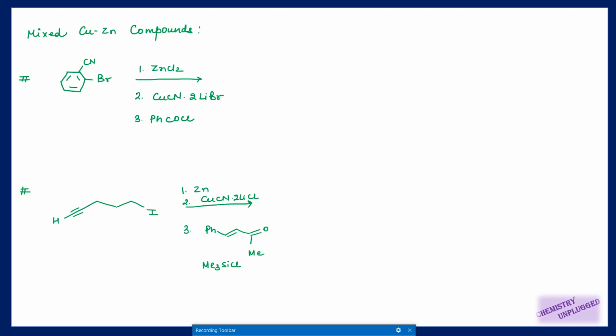So you can see such an example, where first they are using zinc chloride, then CuCN·2LiBr. In this case this zinc will combine with this copper cyanide group and then it will react with this electrophile. So don't be confused by such examples. In organozinc compounds we have to insert zinc in between carbon and Br. This time we will also insert this part, right?